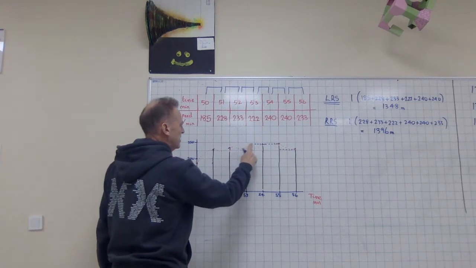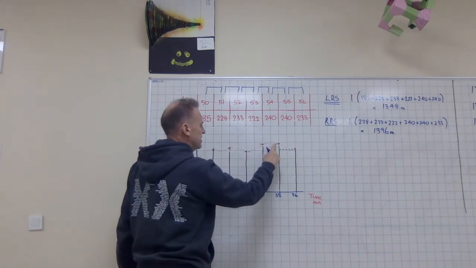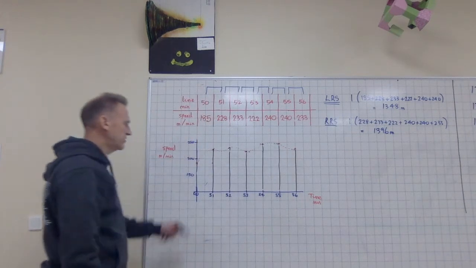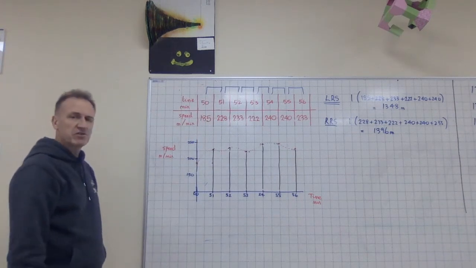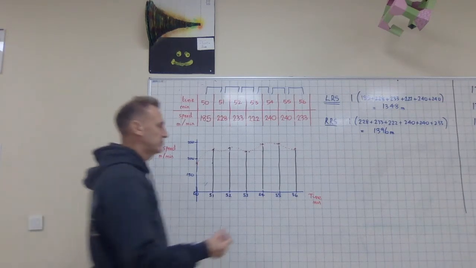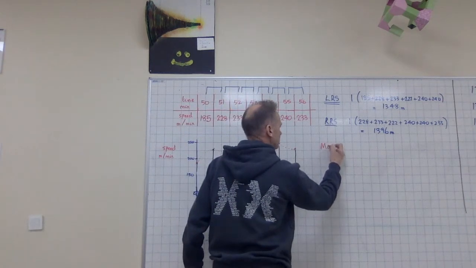Now, I mentioned at the start that there are 2 other ways that you can approximate the area under a curve. And one of them is called the midpoint approximation.